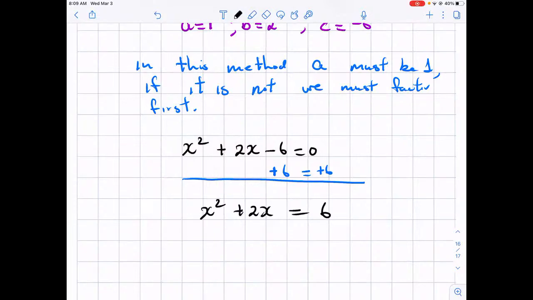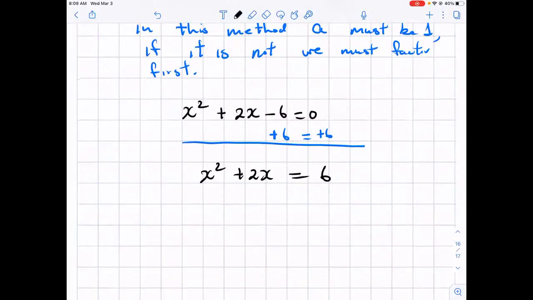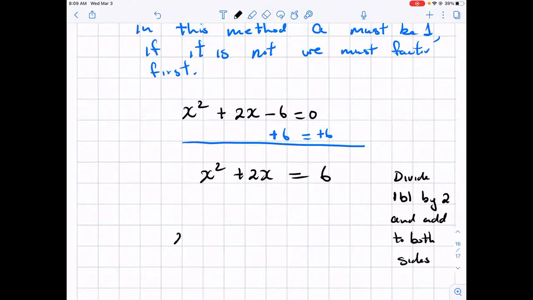Now, the next step is to take half of b, or divide, let's say divide the absolute value of b by 2, and add it to both sides. So we have x squared plus 2x, and we know that that is equal to 6.